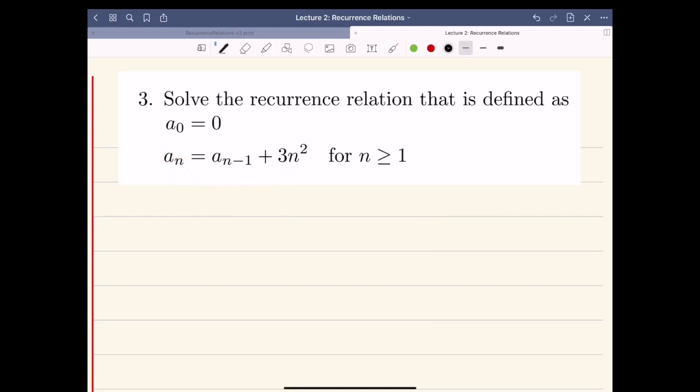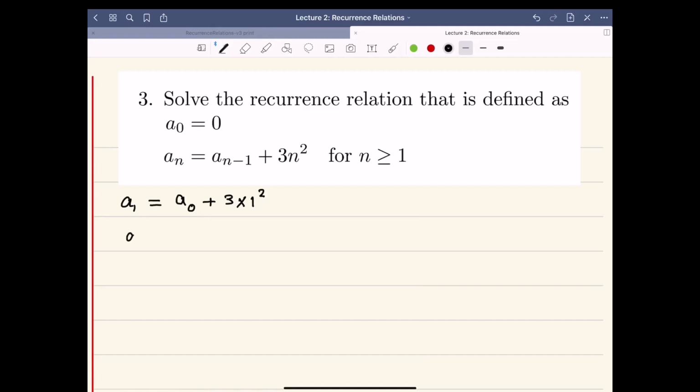So first we need to find a1, which is equal to a0 plus 3 multiplied by 1 square. Now, since this equation depends only on a0, we will leave it as it is.